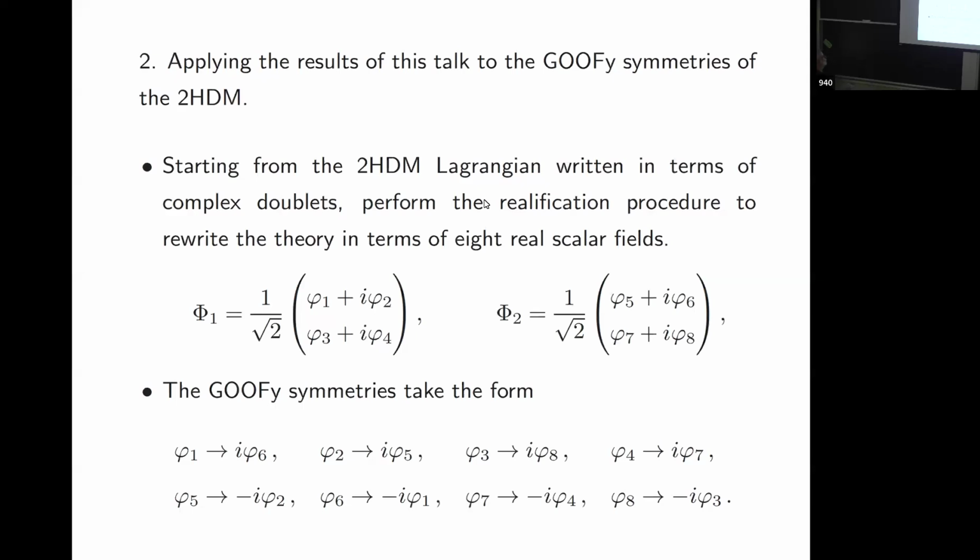And so you write phi1 and phi2 like so. Now I have 8 real scalar fields. Now the goofy symmetries look like this. And again, this is another reason I couldn't buy their explanation. Again, I don't think it's a legitimate symmetry to have a theory of 8 real scalar fields and impose symmetry transformations with extra i's like that.